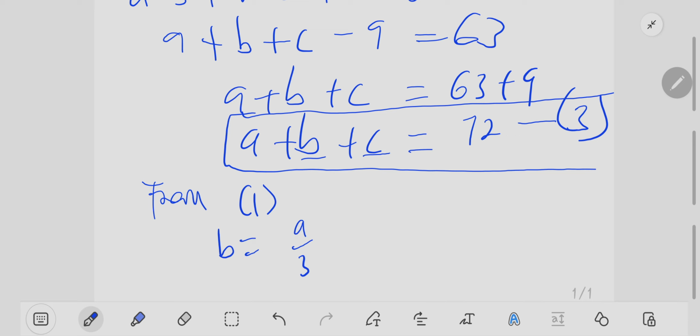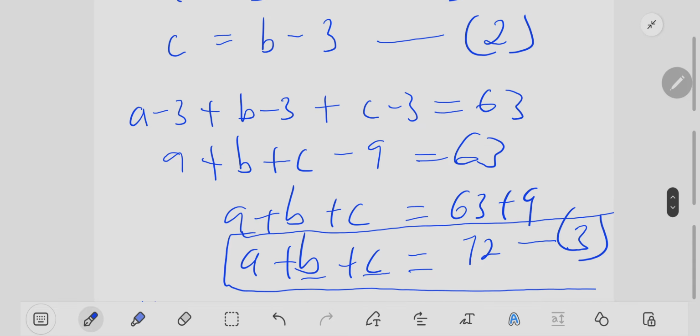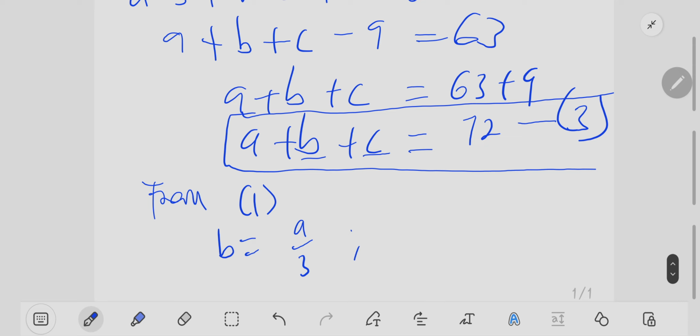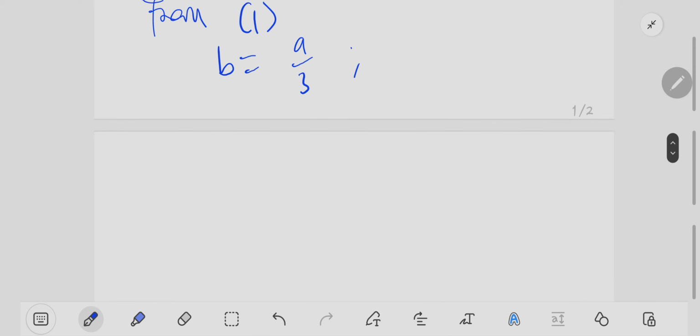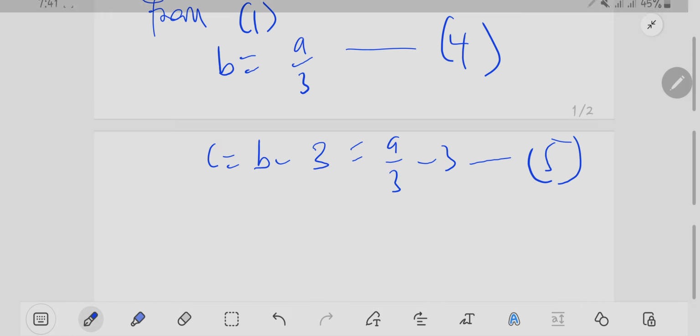That's the expression for B in terms of A. And then from equation 2 we have C as B minus 3. If we use that, we can get another expression for C also in terms of A. So it's going to be A over 3 minus 3. So let's call this our equation 4 and this our equation 5.